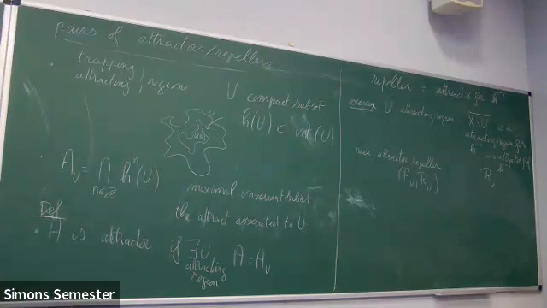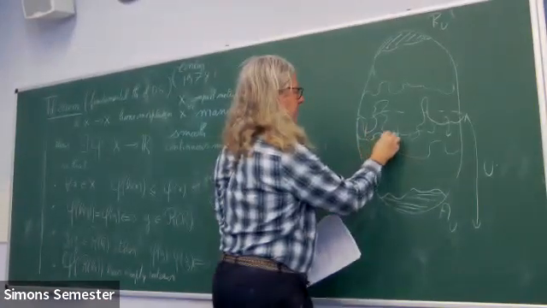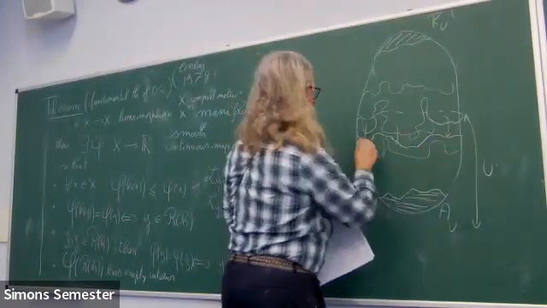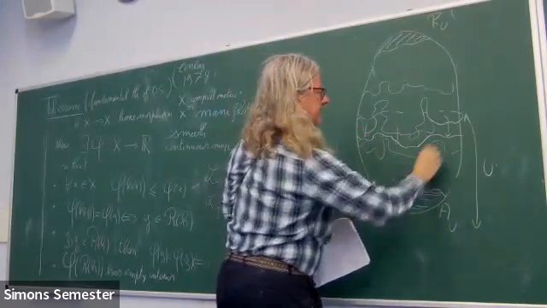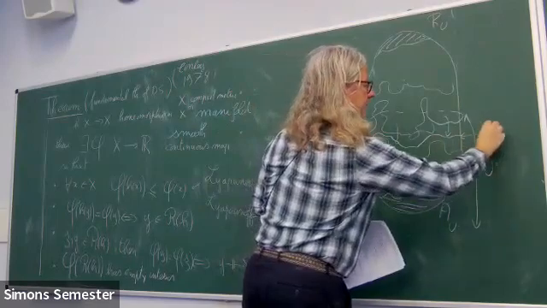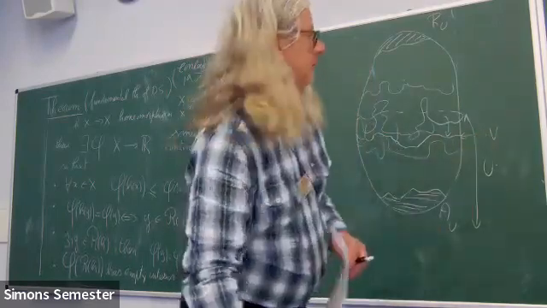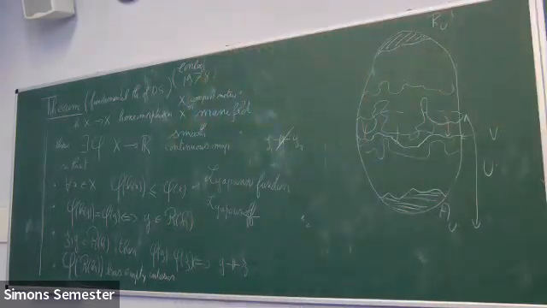So here is a compact. So you have your U, which is a compact set, and this one is in the interior. So I can look at plenty of compact subsets which are in between. So I continue with my exercise.